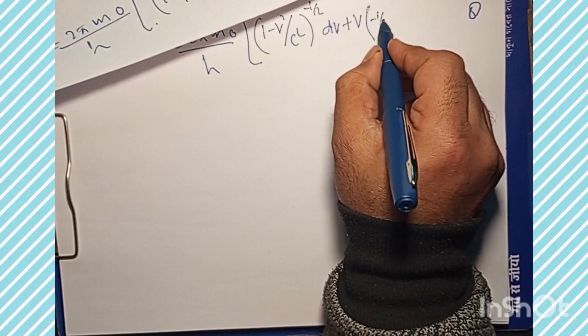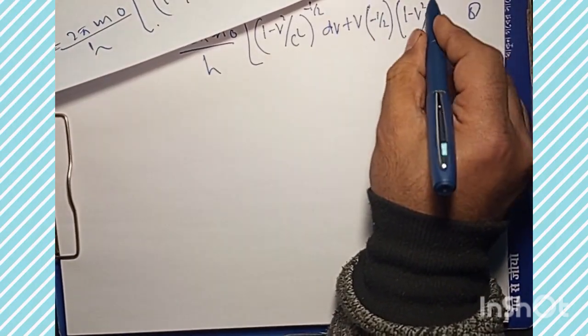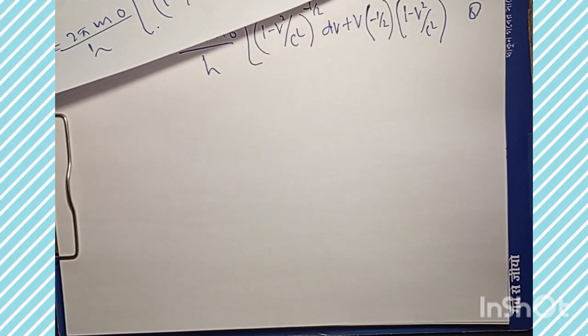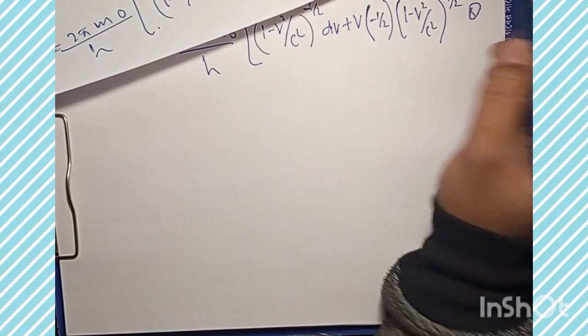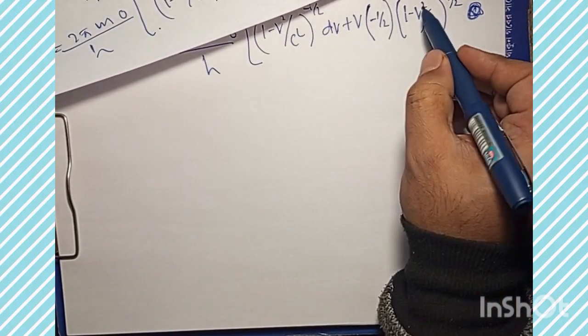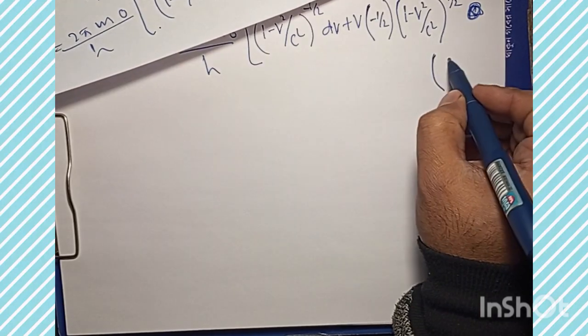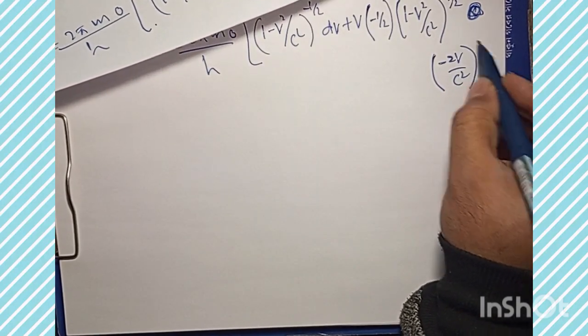That will be minus 1 by 2 times (1 minus v square by c square) raised to the power minus 1 by 2 minus 1, which gives minus 3 by 2, and then the internal derivative of v square by c square will give us minus 2v by c square, and this should be the case.